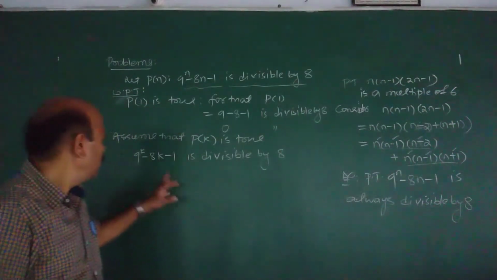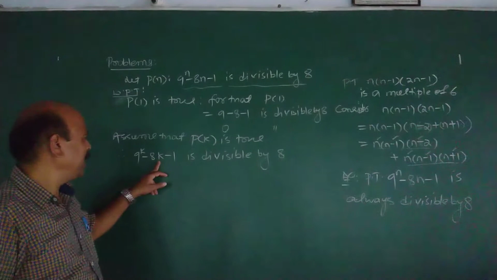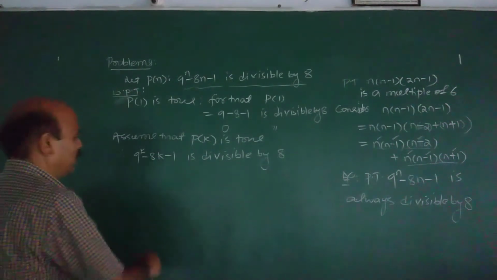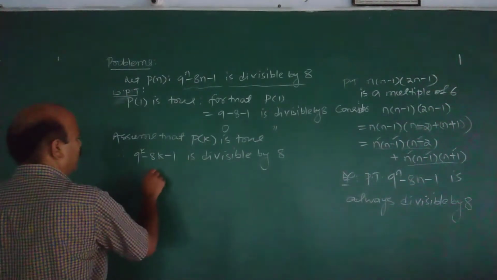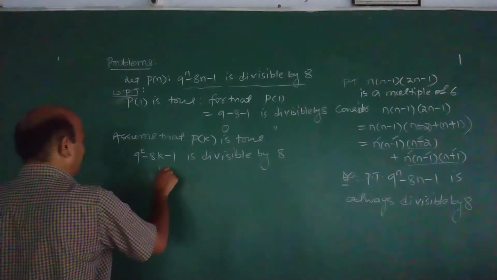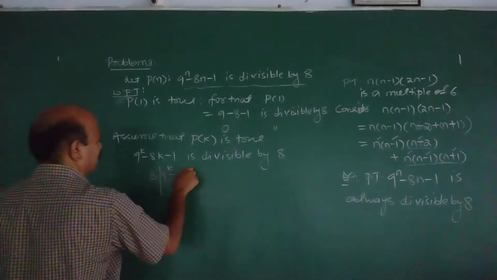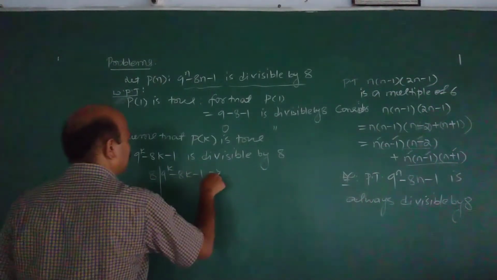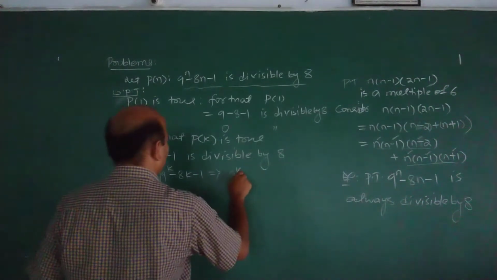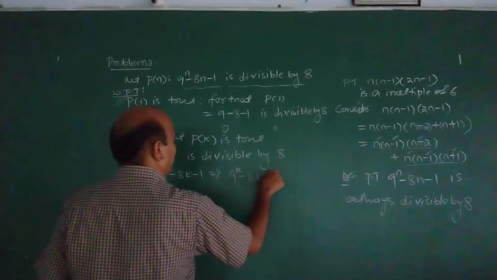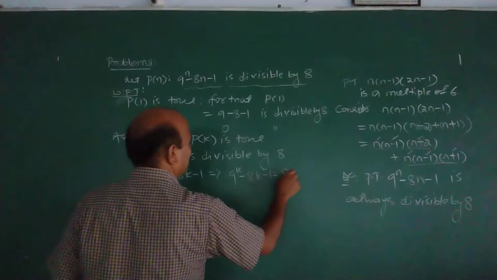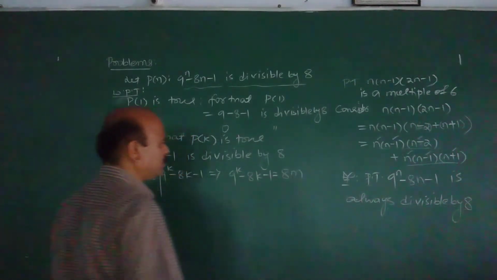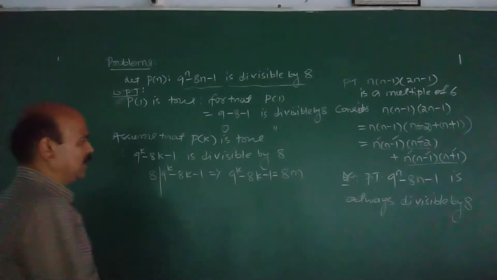We assume 9 raised to k minus 8k minus 1 is divisible by 8. By the definition of divisibility, 8 divides 9 raised to k minus 8k minus 1. This implies 9 raised to k minus 8k minus 1 is 8m, where m is a positive integer.